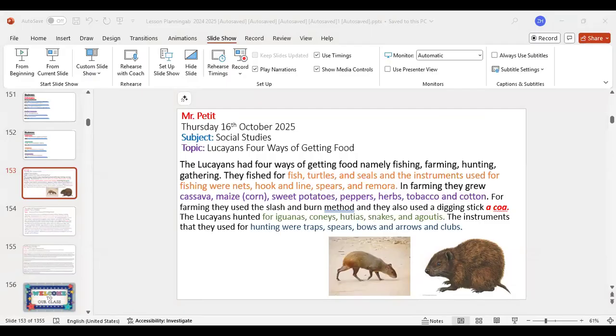And the coney is very similar to the eutia, they're basically in the same size range.